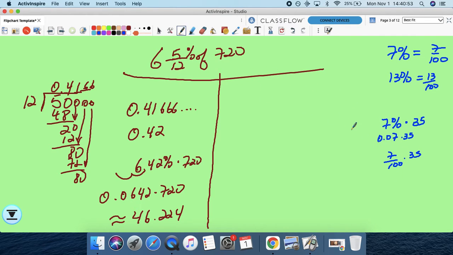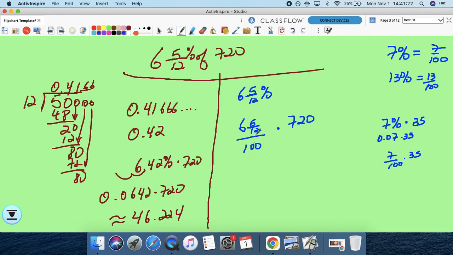The reason I'm saying that is because it's going to work here. So let's write 6 and 5/12% as a fraction. When we wrote 7%, we wrote 7 out of 100, so let me write that out of 100. Then it's in a fraction format, and I can multiply by 720.